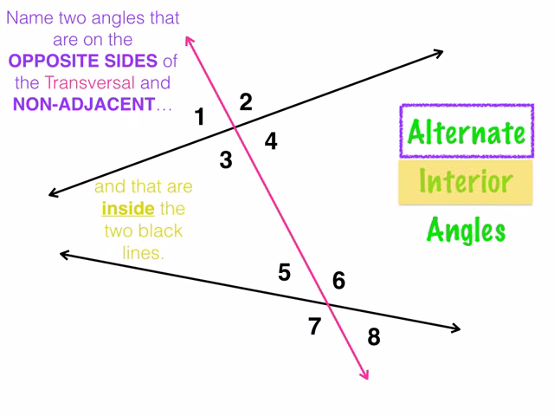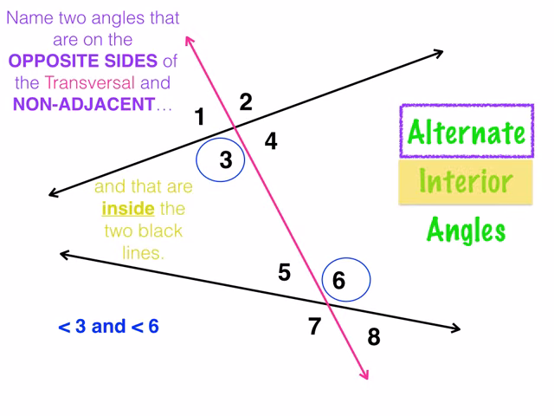So let's start with interior angle 3. What other interior angle is on the opposite side of the transversal from angle 3 and non-adjacent to angle 3? It can't be touching angle 3. Yeppers, angle 6 is correct.